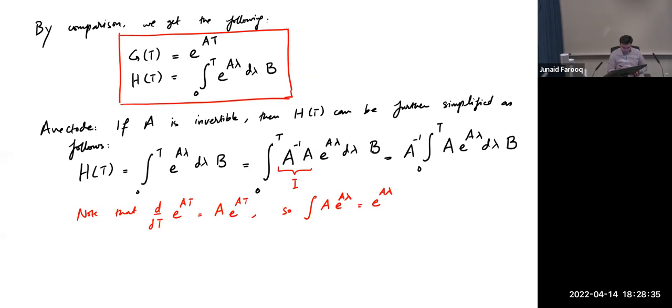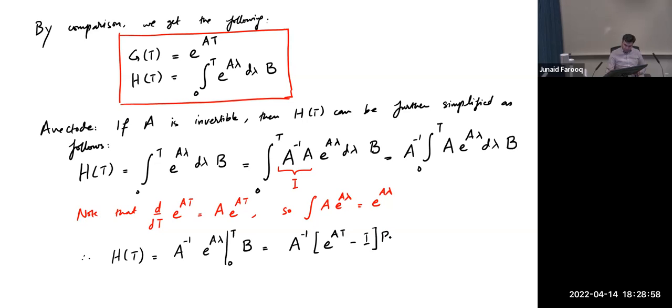Therefore H(T) is A inverse e to the power A lambda, evaluated from lambda 0 to T, and then we have B outside. So eventually it becomes A inverse times (e to the power AT minus identity) times B, only if A is invertible.